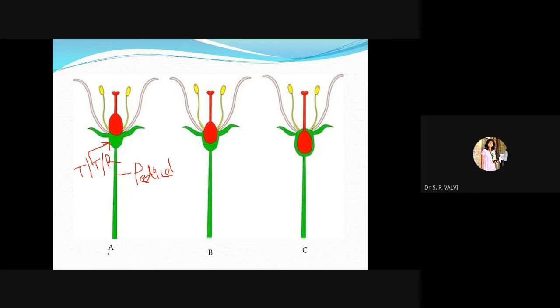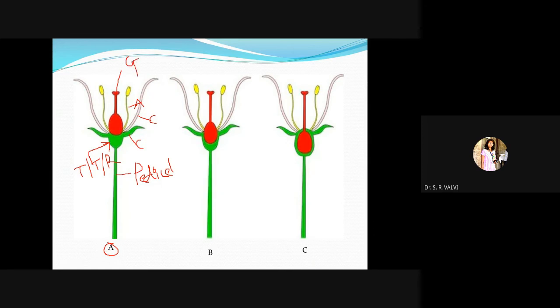In the first diagram A, what you are going to observe is the calyx, corolla, androecium, right? This is the calyx, this is the corolla, and this one is stamens, androecium, plural word, right? Here you can see in the centrally placed, which is in red color, this is gynoecium.